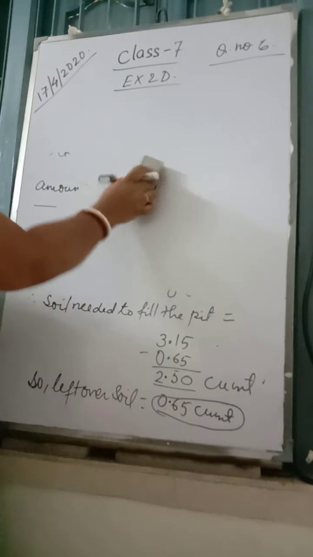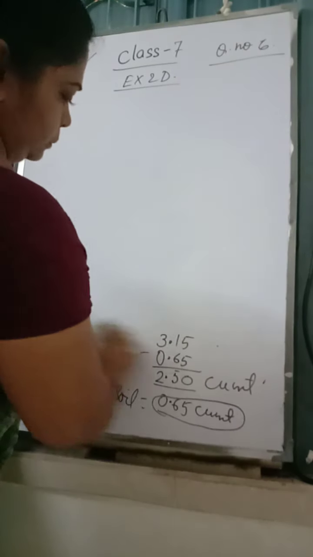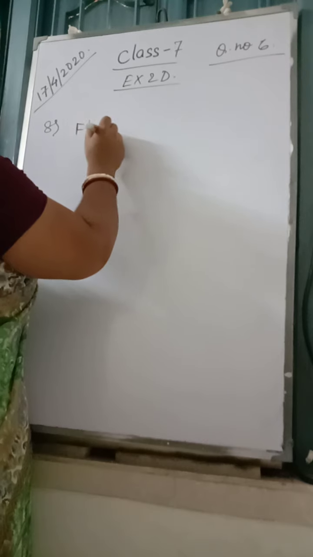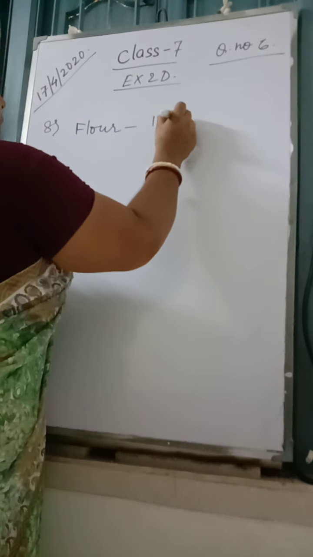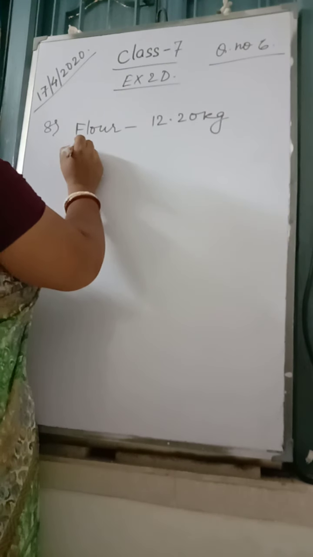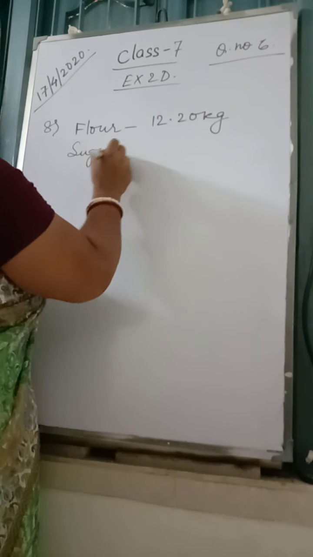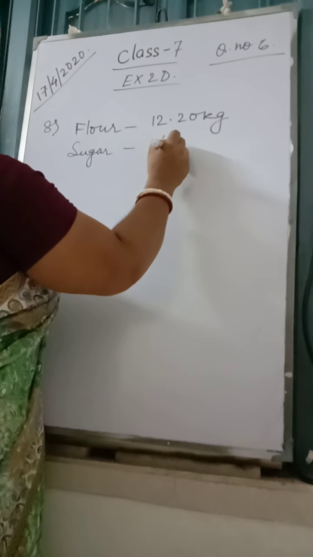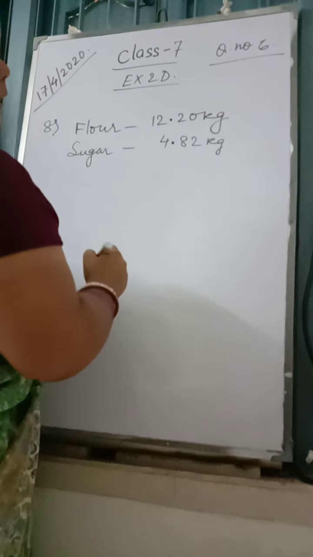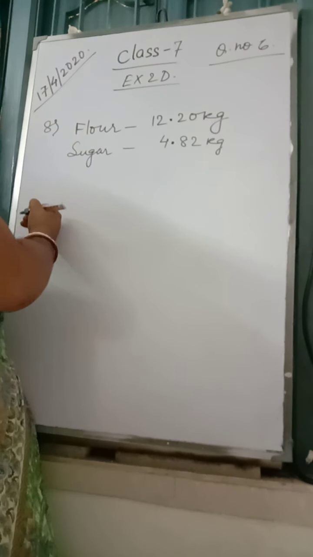See, question number 8. Flour 12.20 kg. Sugar 4.82 kg. When we write it in a vertical form, always keep it in mind, decimals should be in a straight line.